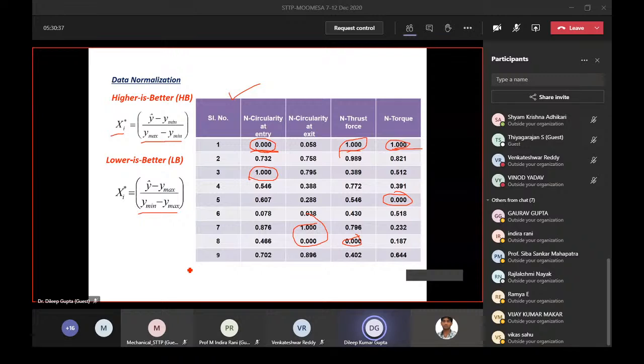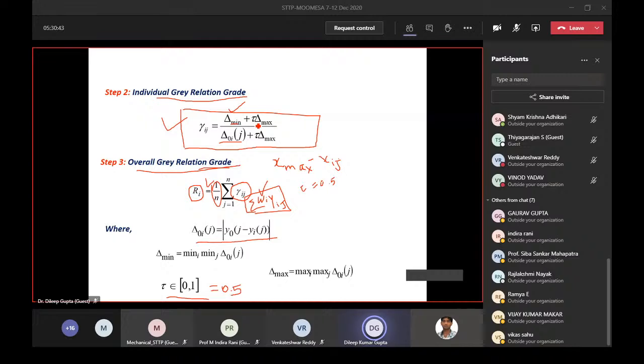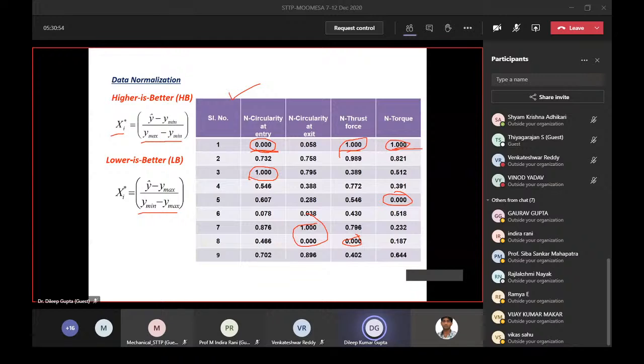So delta max and delta min is known to you, and use this relation. Now delta min is 0, delta max is 1, tau is considered as 0.5, and delta 0ij is what? Delta 0ij for this case, suppose इसकी बात करें, तो delta 0ij क्या हो जाएगा आपका 1, maximum value of delta minus this value, that is 0 here. So 1 minus 0 here, this will become 1.